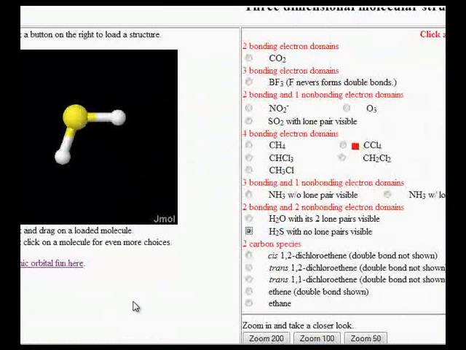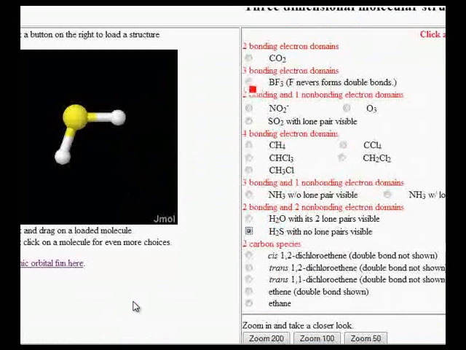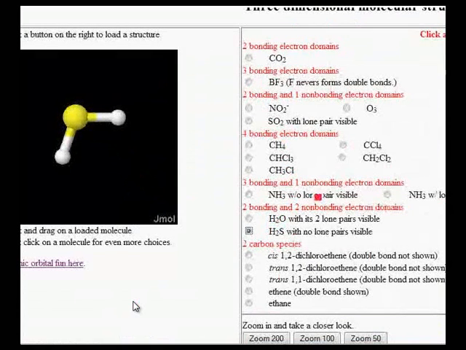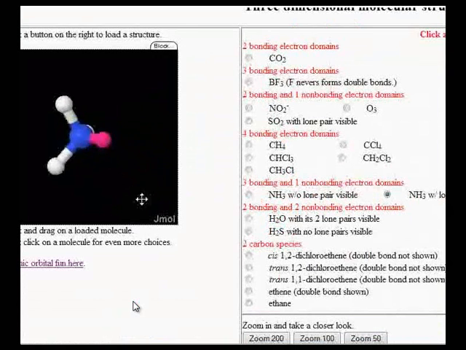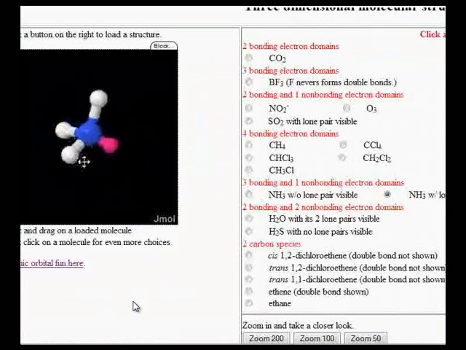All right, so let's take a look. What we've got here is NH3, okay? So if we were able to see the lone pair, this is what it would look like. The electron pairs are equally spaced around that nitrogen.